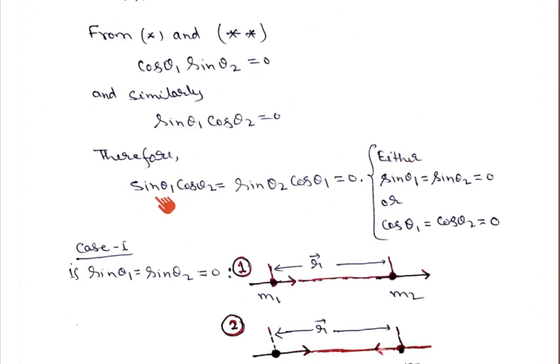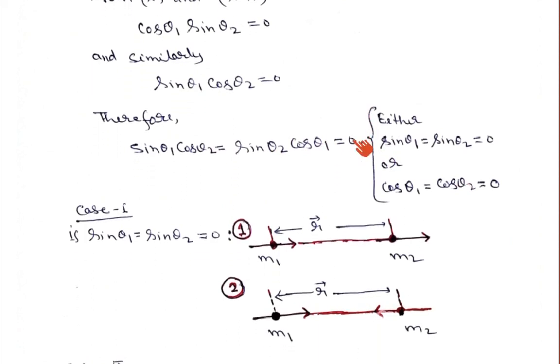So if we take that both should be equal to 0, that means either sin theta 1 and sin theta 2, if we take sin theta 1 equal to 0, then this equation becomes equal to 0, and if we take sin theta 2 equal to 0, then this equation becomes equal to 0. That means either we take sin theta 1 equal to sin theta 2 equal to 0, then this equation is satisfied, or we can take cos theta 1 equal to cos theta 2 equal to 0, so that again this equation is satisfied.